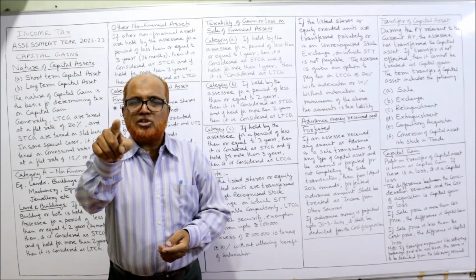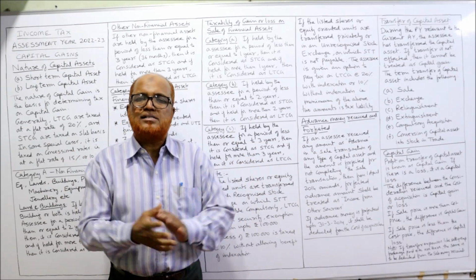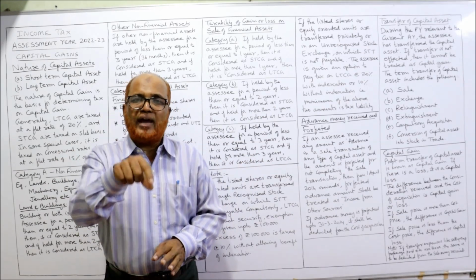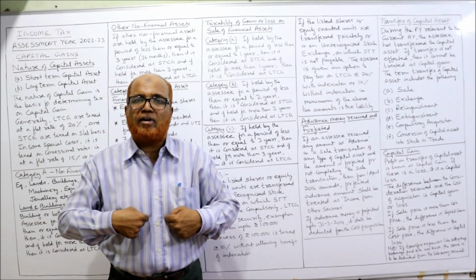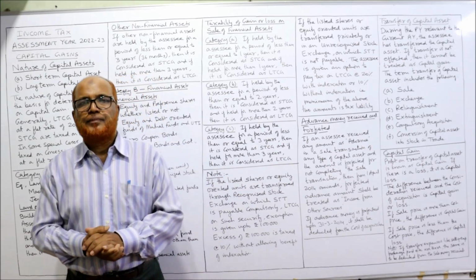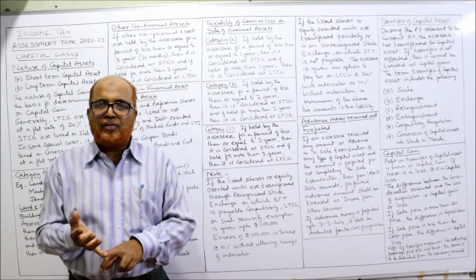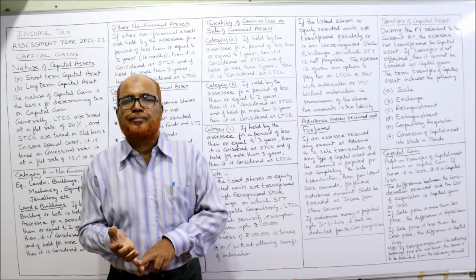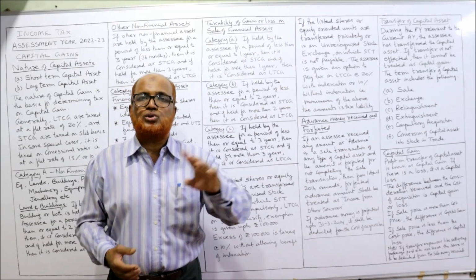It is your responsibility to pay the remaining amount in 3 months and complete the sale transaction. If you fail to complete the transaction, the advance money you have paid will not be refunded. It is forfeited. So the Income Tax Act says if advance money is forfeited in a sale transaction, it is considered as income from other sources.